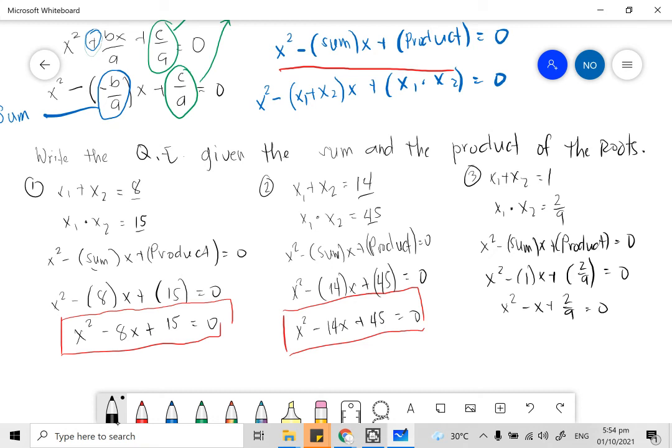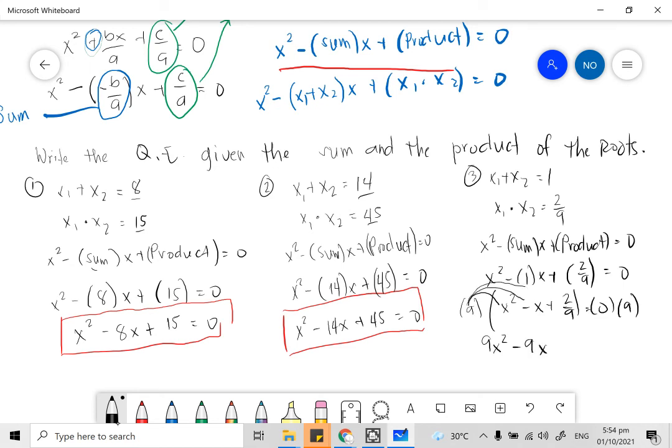Kailangan walang denominator class. So, ang gagawin natin dito, mag-multiply tayo both sides of the equation by positive 9. Left and right, positive 9, multiplication tayo. Distribute natin class, 9 times x squared, that will be 9x squared. And then 9 times negative x, that will be negative 9x.